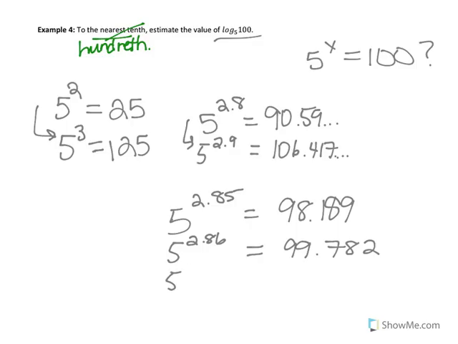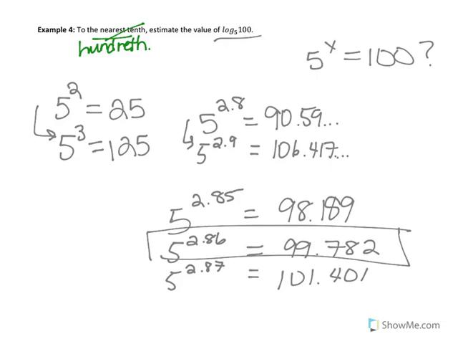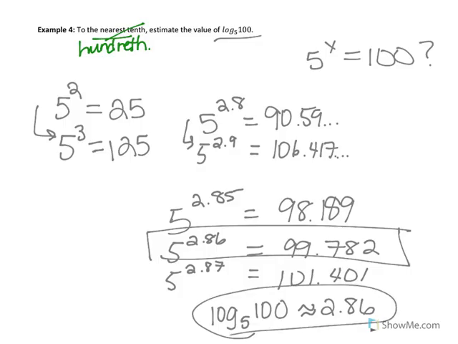We're probably not going to get closer than this, but let's try 2.87, and you get 101.401. So this is as close as we can get to the nearest hundredth. So we would say log base 5 of 100 is roughly, approximately 2.86. And that is how you'd estimate that without having to actually type in the logarithm itself.